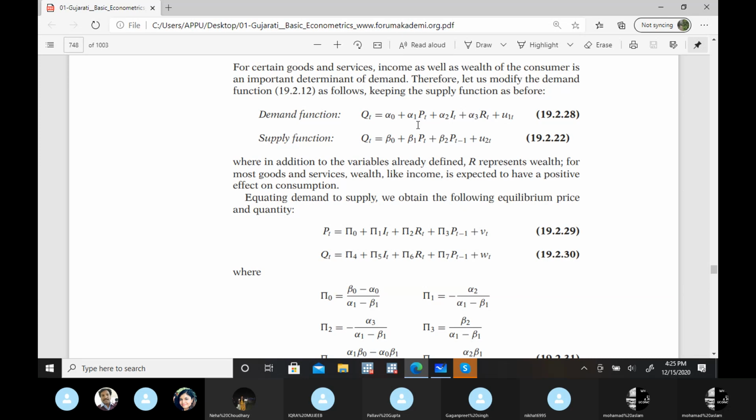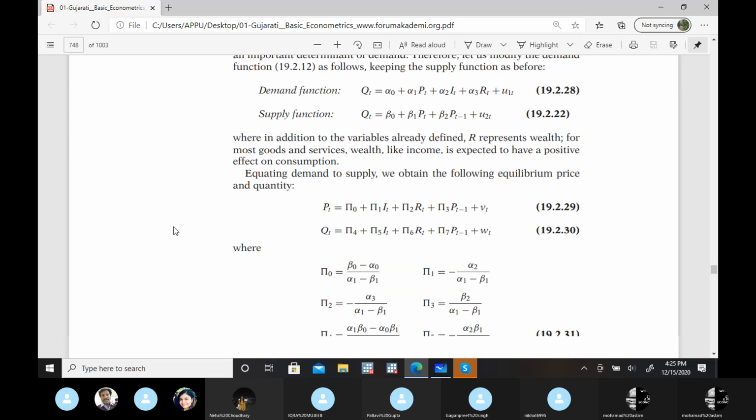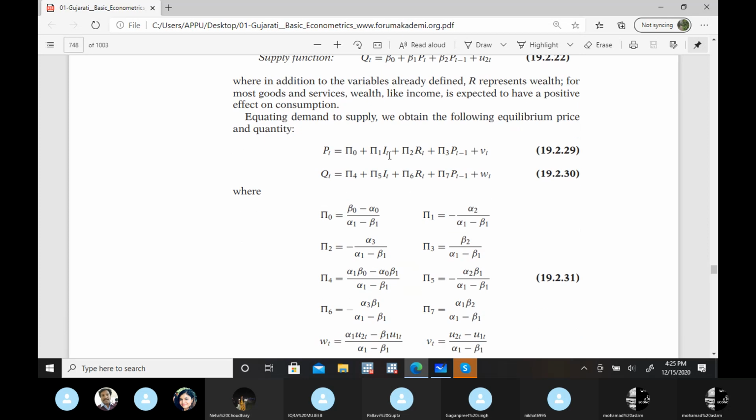Reduced form is where we have only predetermined variables as independent variables. So see the case here. If we make these two in the form of reduced form equations, now you can cross verify. Only predetermined variables are the independent variables, no endogenous variable.